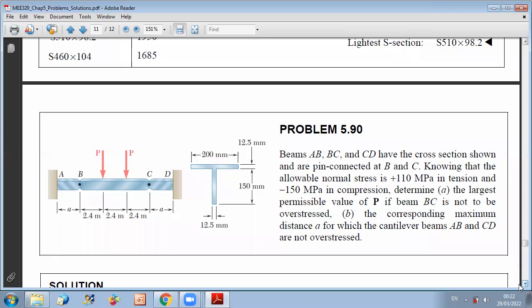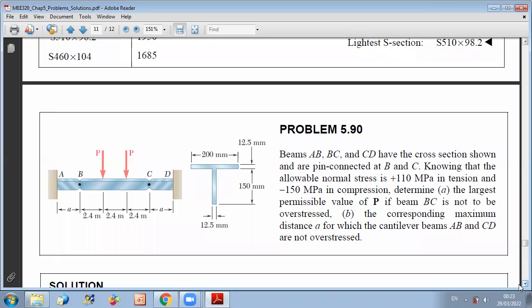So knowing that the allowable normal stress is 110 megapascal in tension and minus 150 megapascal in compression, determine the largest permissible value of P in B if BC is not to be overstressed. Okay, so here I should pay a lot of attention in my design. I should consider all critical cases and select the most critical value between the different critical cases.